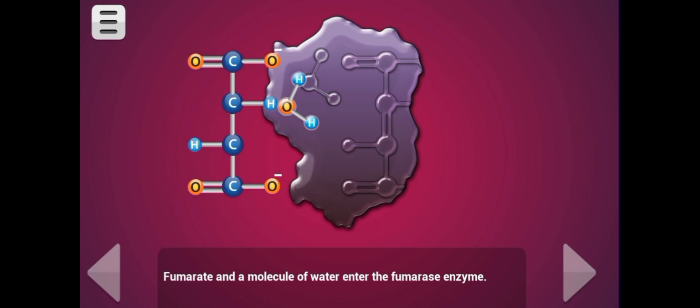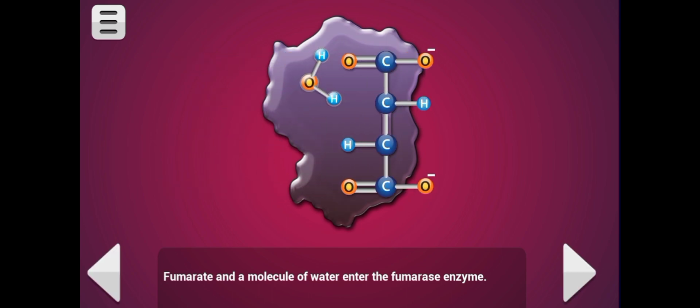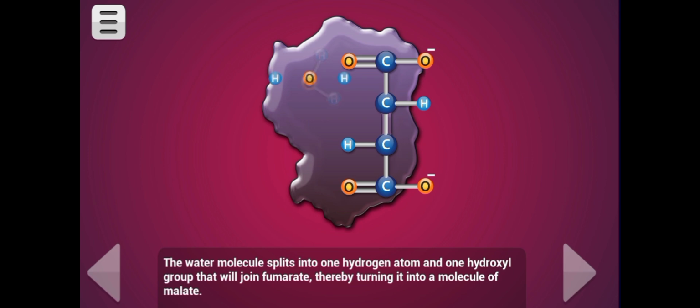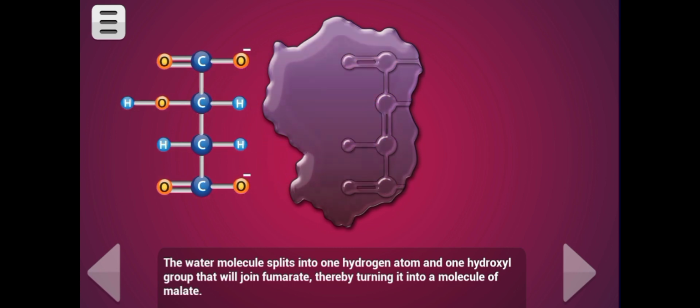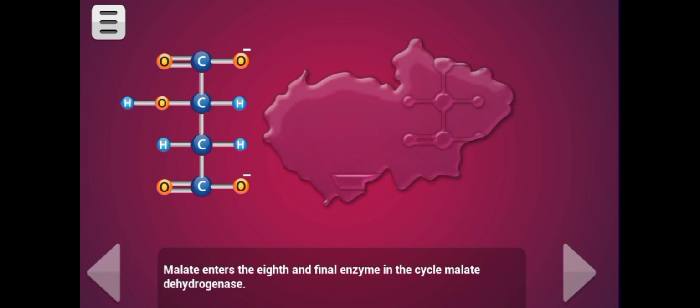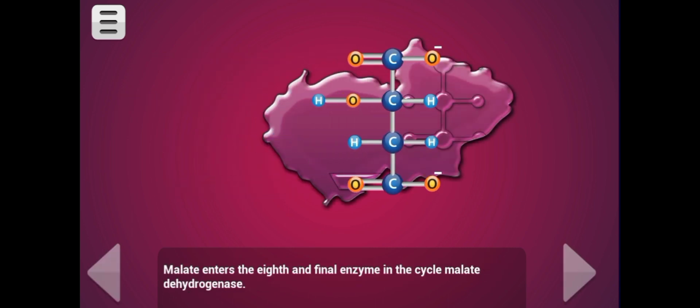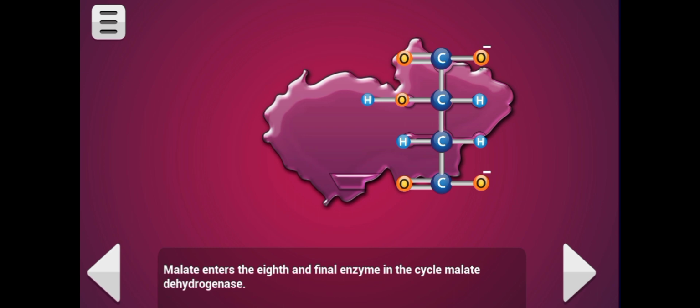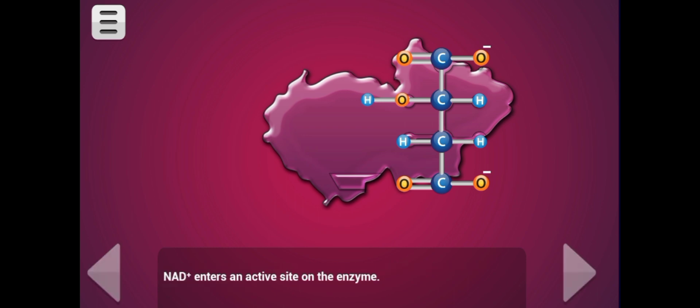Fumarate and a molecule of water will now enter the fumarase enzyme. The water molecule splits into one hydrogen atom and one hydroxyl group that will join fumarate, thereby turning it into a molecule of malate.